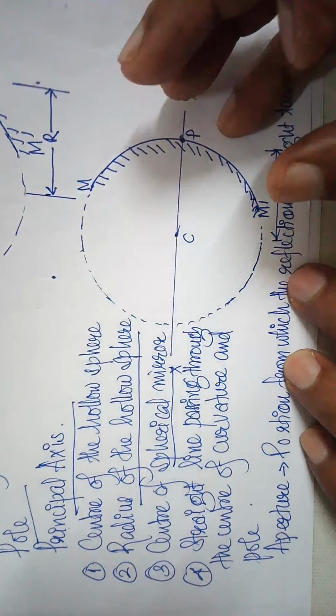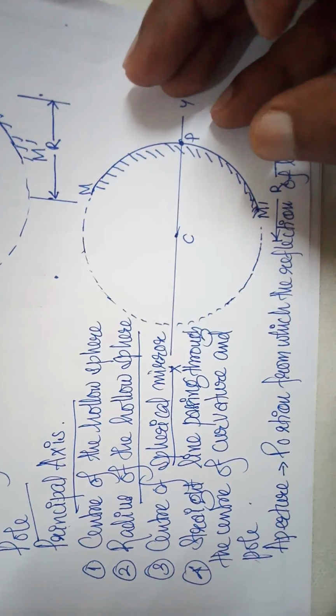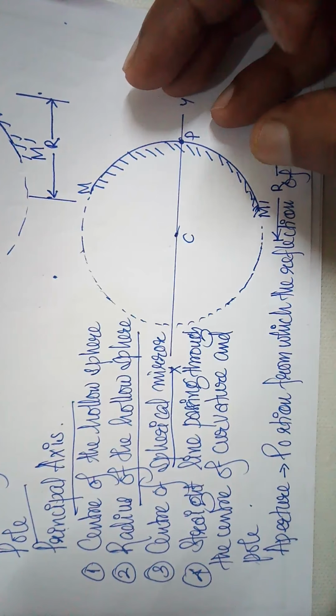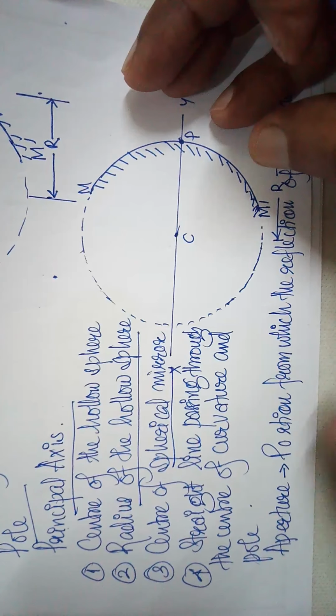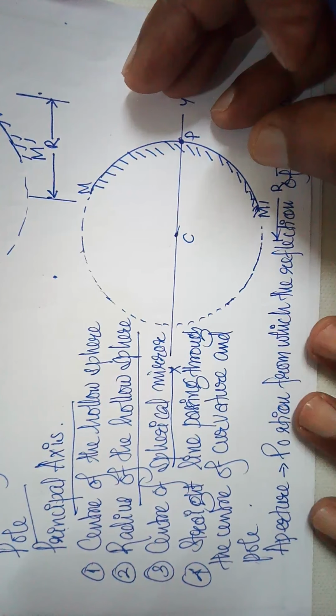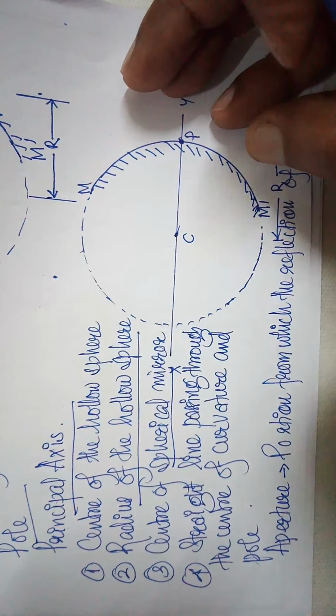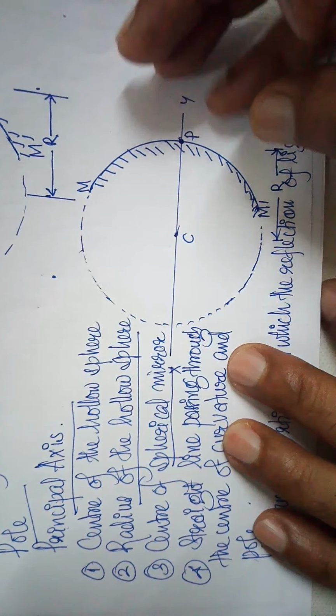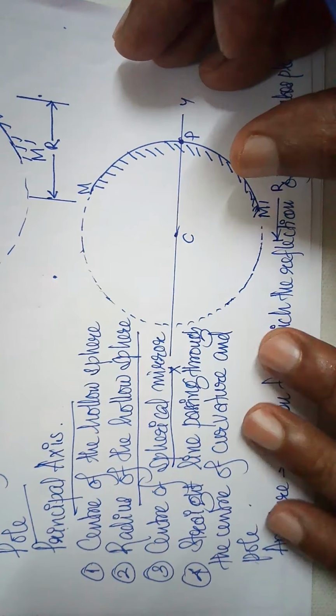That is the portion of the mirror from which the reflection of light actually takes place, and it is called the aperture of the mirror. It is represented by the diameter of its reflecting surface.